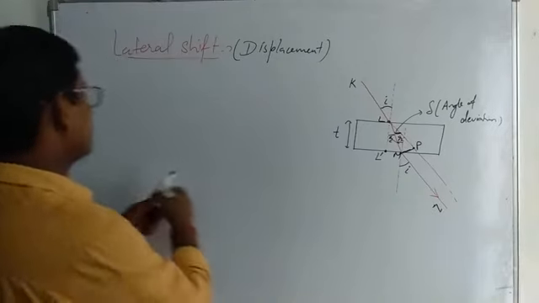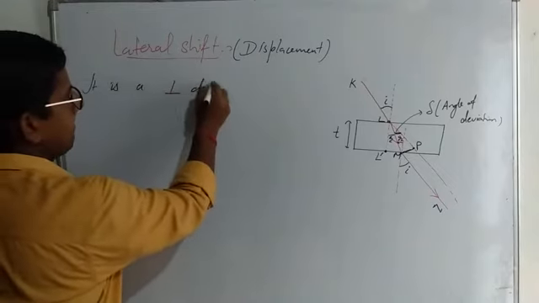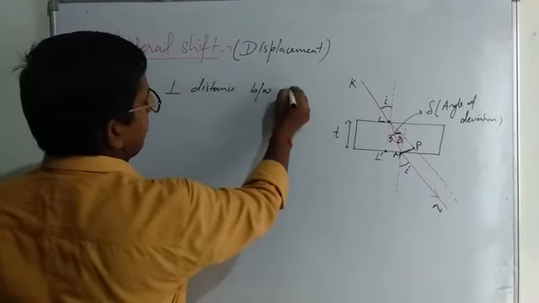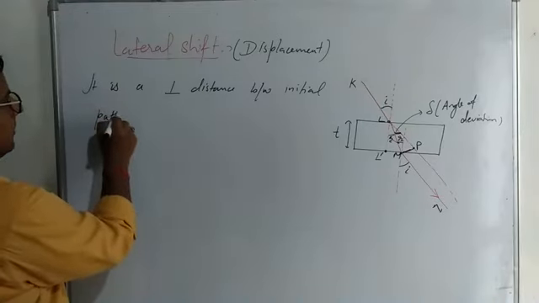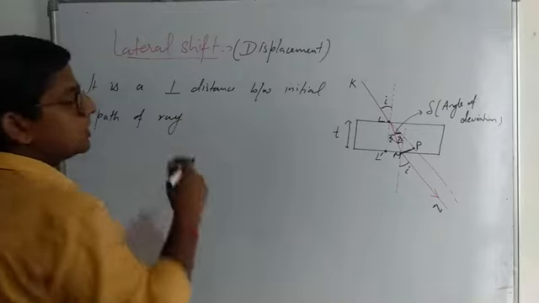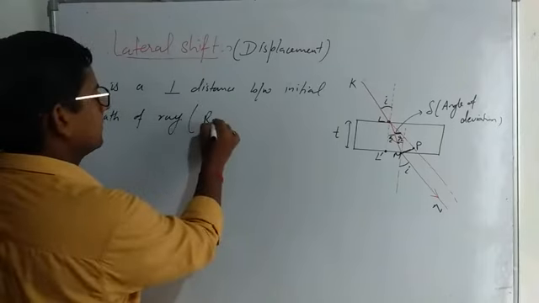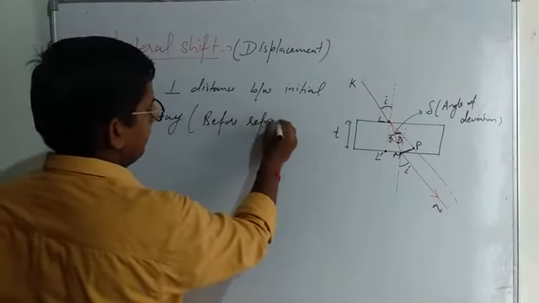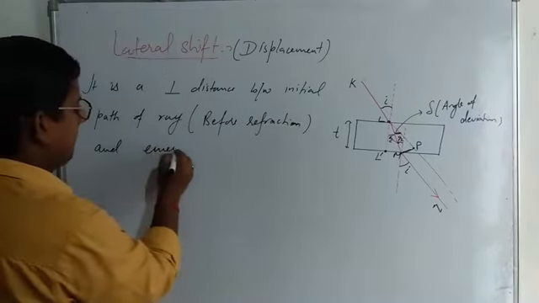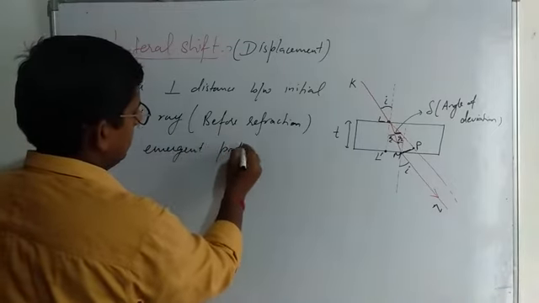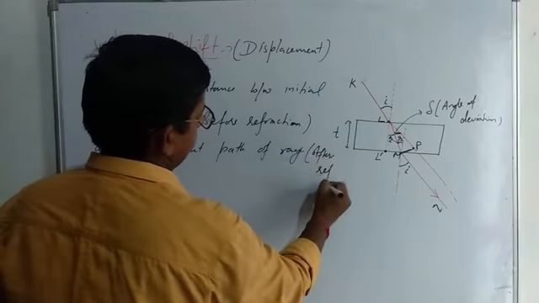What is lateral shift? You can define that it is a perpendicular distance between the initial path of the ray, that is before the refraction, and the emergent path of the ray after refraction.